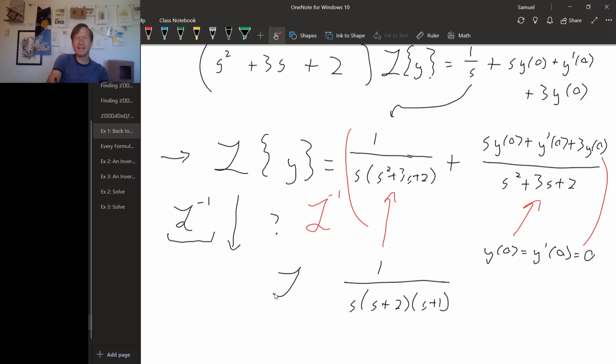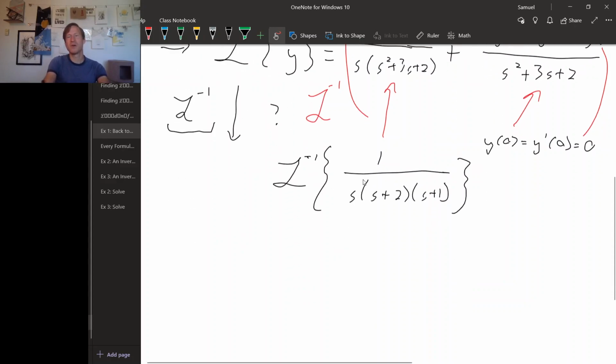So we want to take the inverse Laplace transform of 1 over s times s plus 2 times s plus 1, and this is going to be equal to y, if only we can calculate what this inverse transform is.